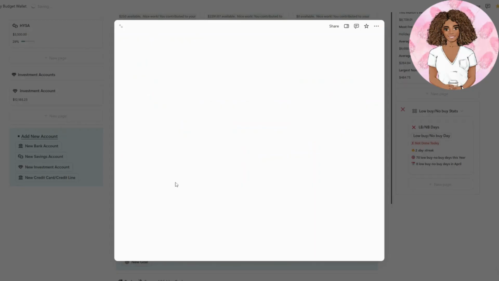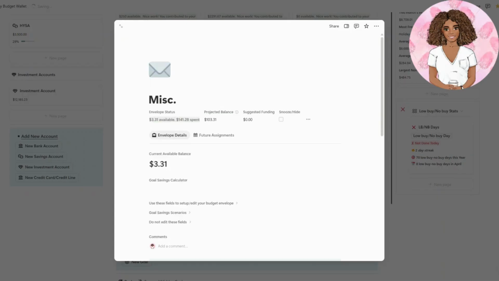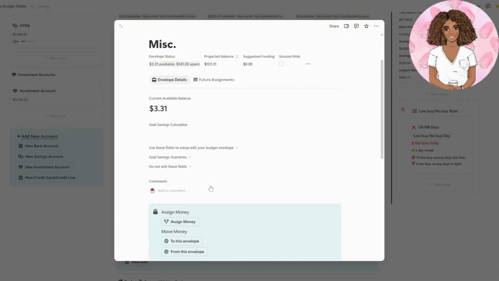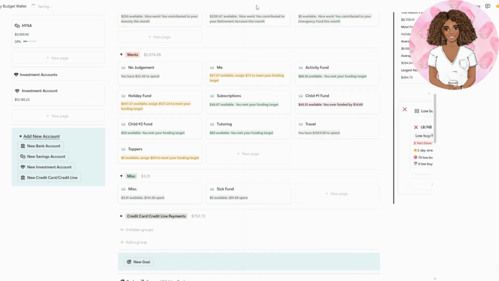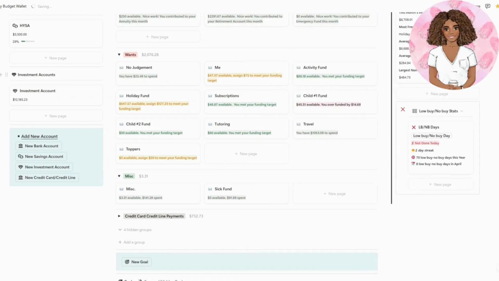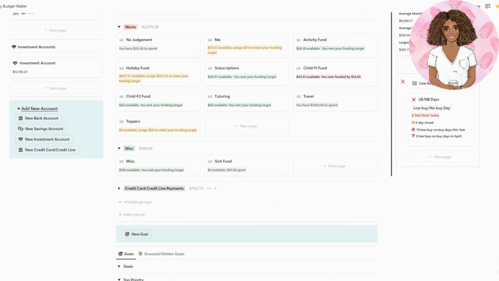And then in my miscellaneous fund, I'm going to put 96.69 in to bring it back up to 100. There we go. Okay.